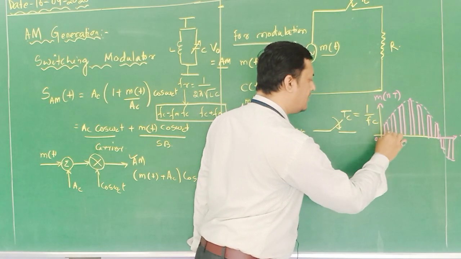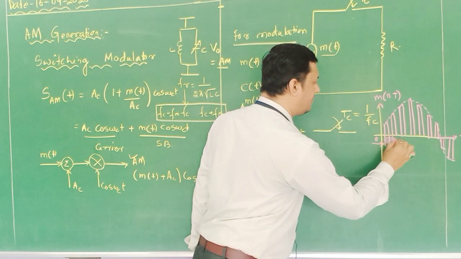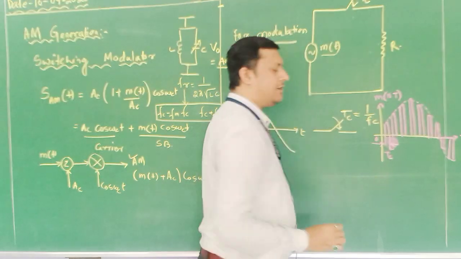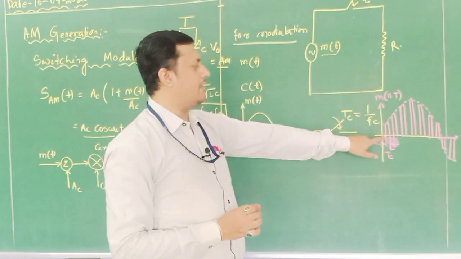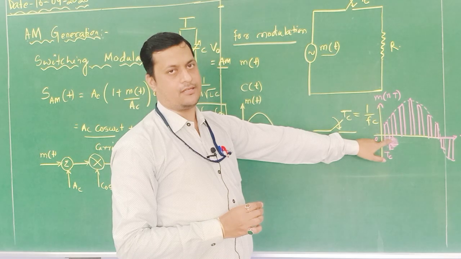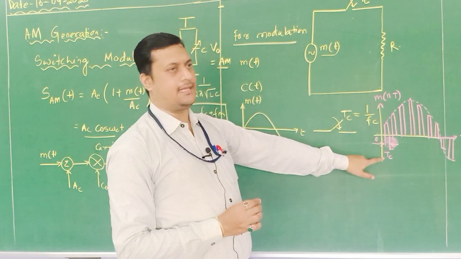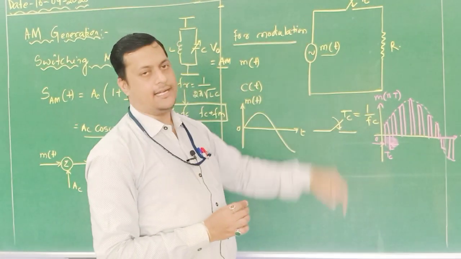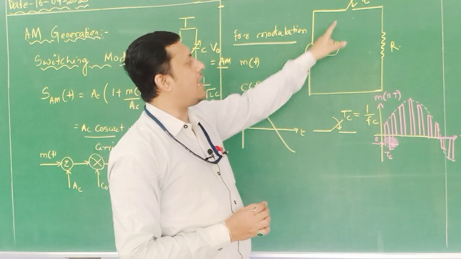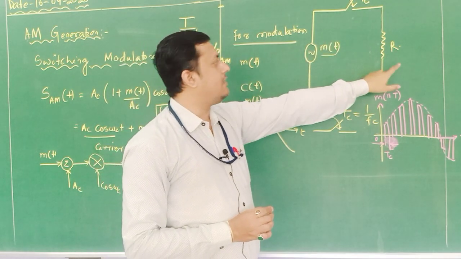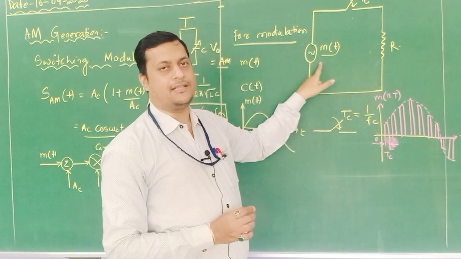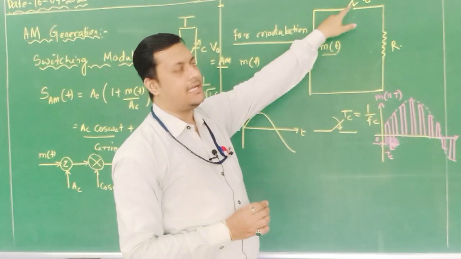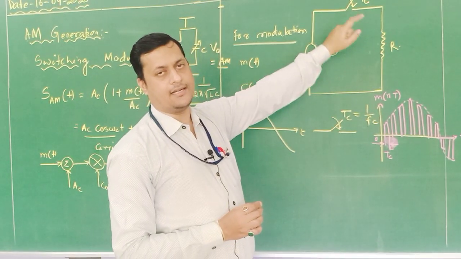Up to this particular point, for Tc time period it is switched on, and for Tc time period it is switched off. Now who monitors this Tc? The carrier is monitoring that Tc. So whatever output I am getting at the load is a mix of the message component and the switching condition.